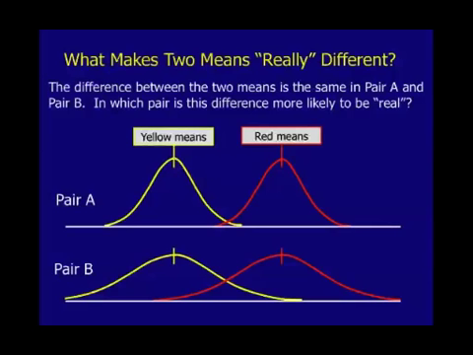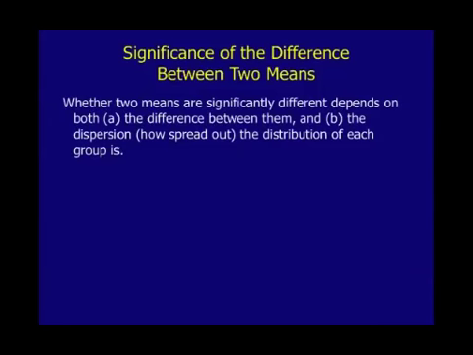There's a good deal of overlap, and so that is perhaps less likely to be significant. Therefore, whether two means are significantly different will depend on two things: the difference between the two means, and then the dispersion, or how spread out the distribution of each of the groups is.